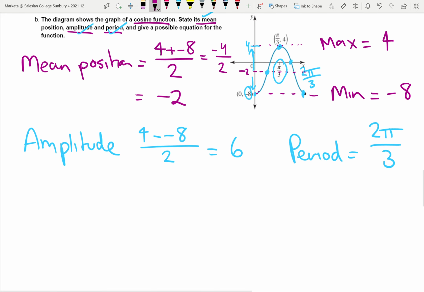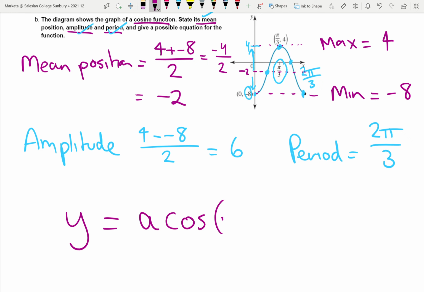And look, I'm going to say y equals a. A is usually the value you use for your dilation, cos of nx, and then plus k. We usually use k here, but you could use b or c, whatever pronumerals you want. They don't give us an equation to start with. So let's see, what have we already got?